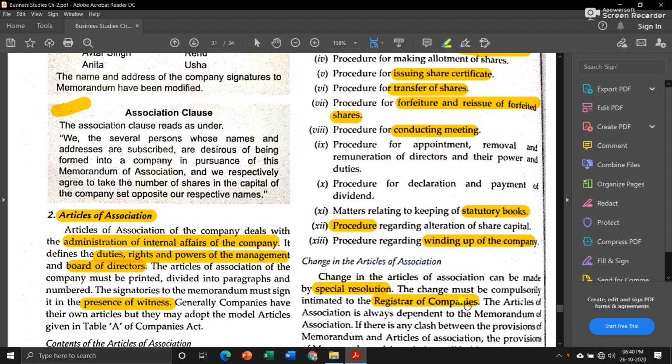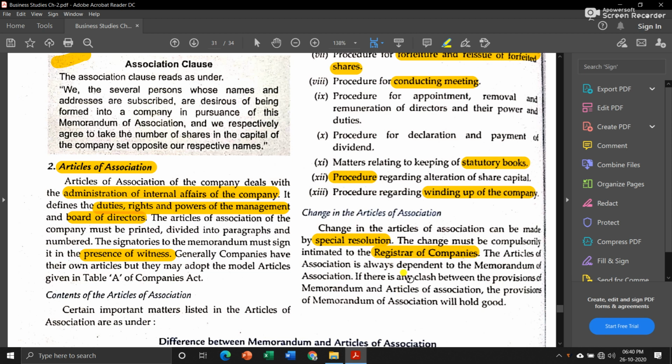Special resolution is nothing but they will hold a meeting, and in that meeting all the board of directors or shareholders will take a decision regarding the change in the articles of association. If everyone gives their consent, then that decision will be taken, and that is known as special resolution. After taking the special resolution and changing their articles of association, they have to inform the registrar of companies.